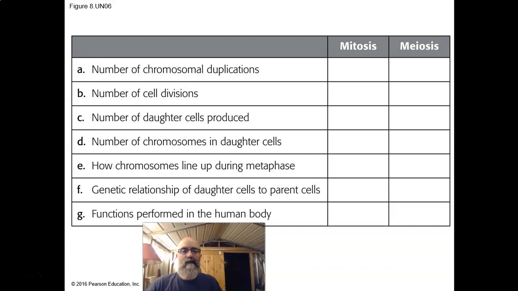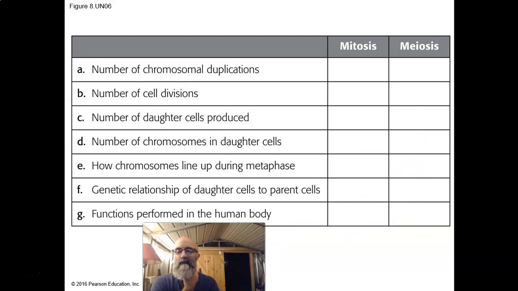Okay? Their personalities, their appearances, everything is very different. Why? Because meiosis produces genetically distinct daughter cells. So all of the daughter cells produced by meiosis are different from the parent cells.